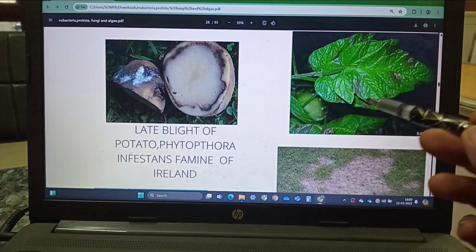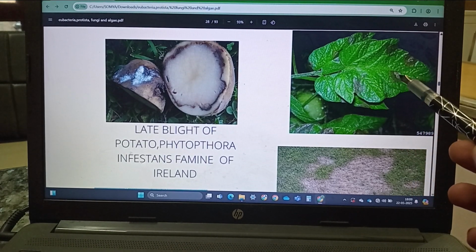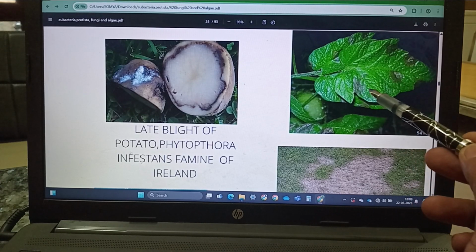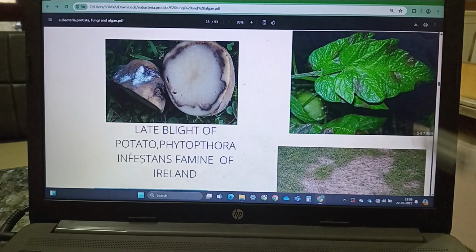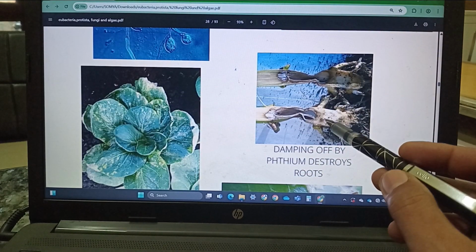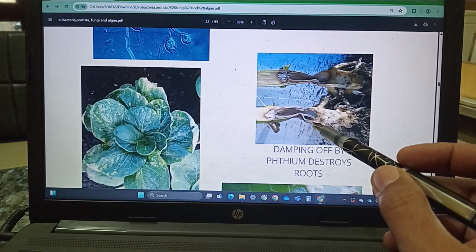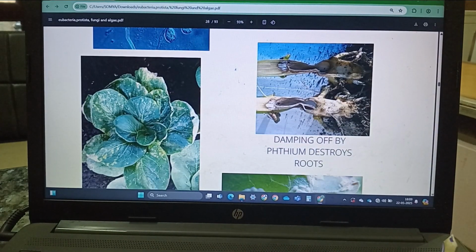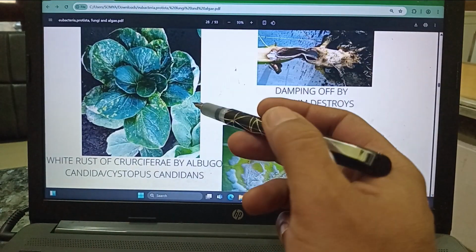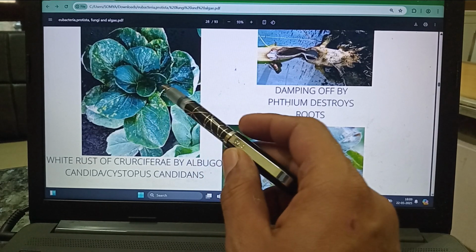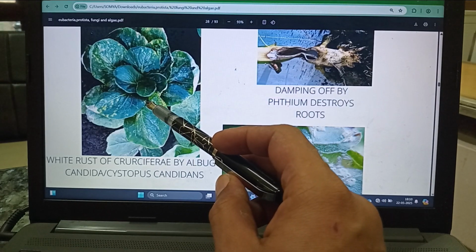On the leaves, in the late stage, the fungus grows and causes the rotting of the potato. Another example is the damping off disease caused by Pythium, and Albugo candida causing white rust of mustard on the Cruciferae, that is mustard and cabbage.